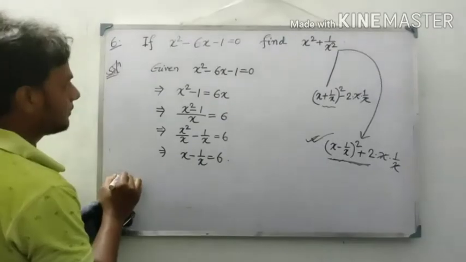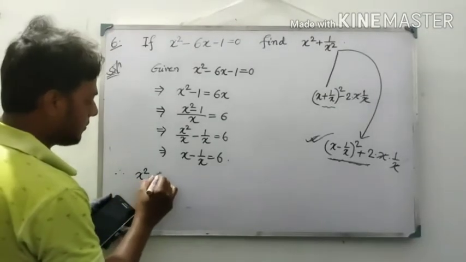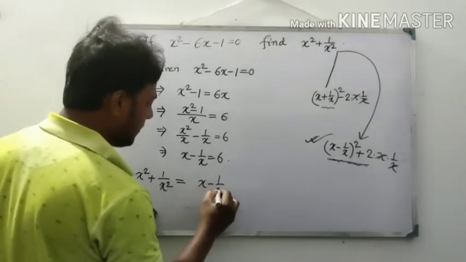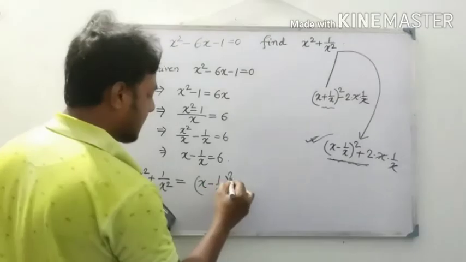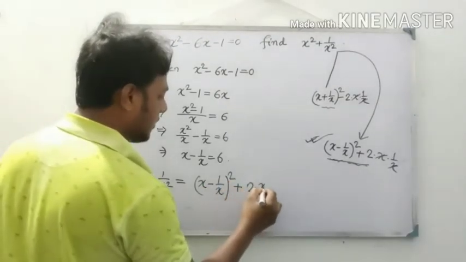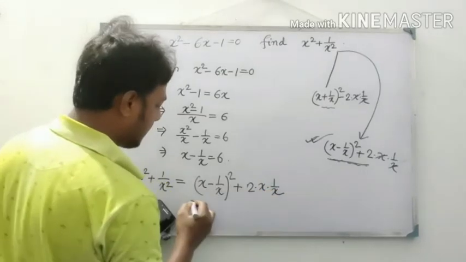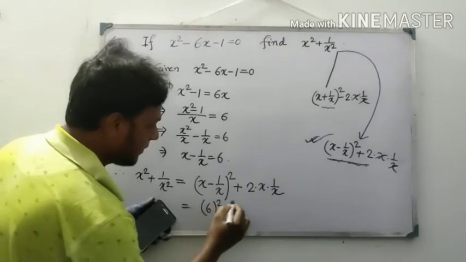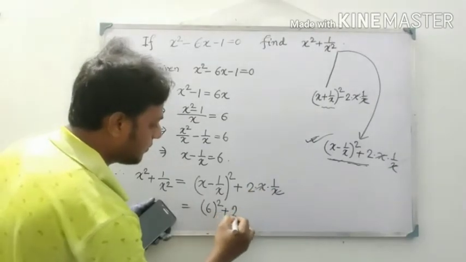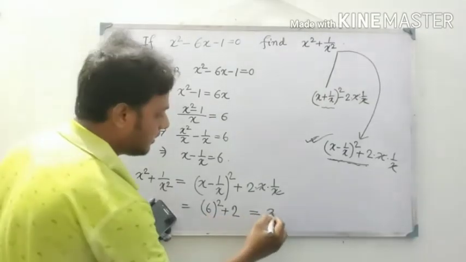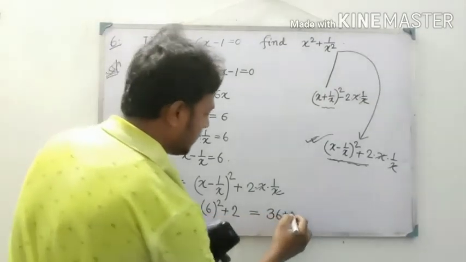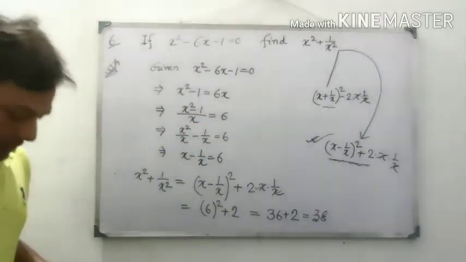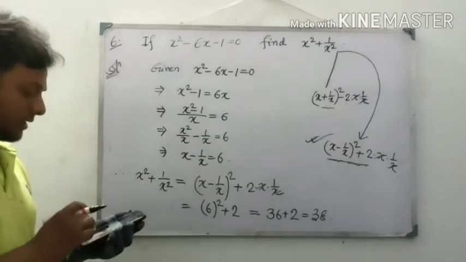Therefore x square plus 1 by x square equals to x minus 1 by x whole square plus 2x into 1 by x, equals to x minus 1 by x means 6 square, plus 2, equals to 6 square means 36 plus 2 equals to 38. Please complete the solution. This is problem number 6. Next.